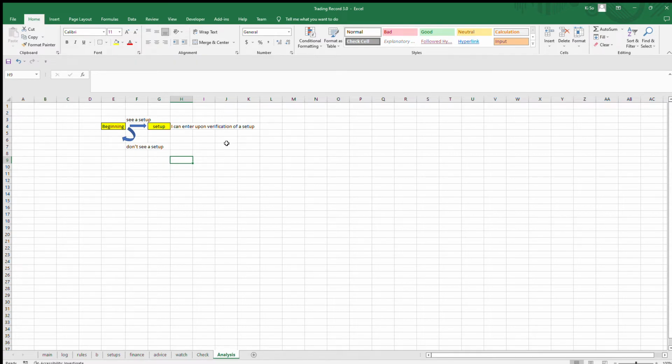Now, once I enter a setup, then I make a buy. The direction is known because of the setup. Now the next thing I need to do is determine what my stop loss is.